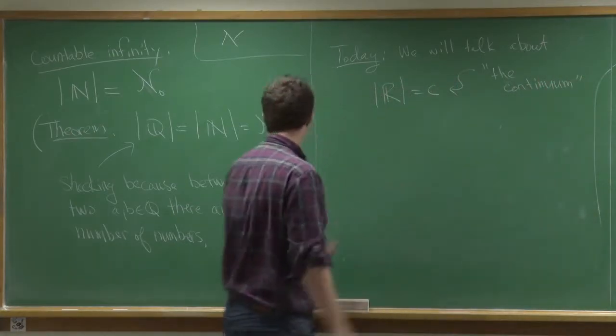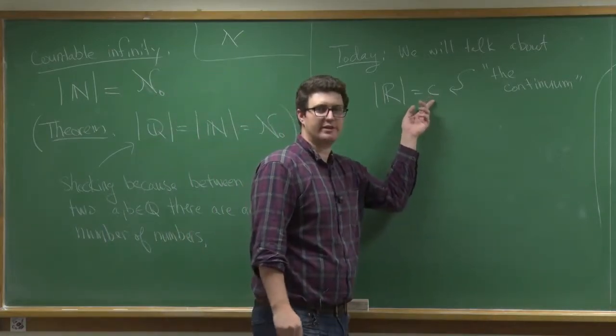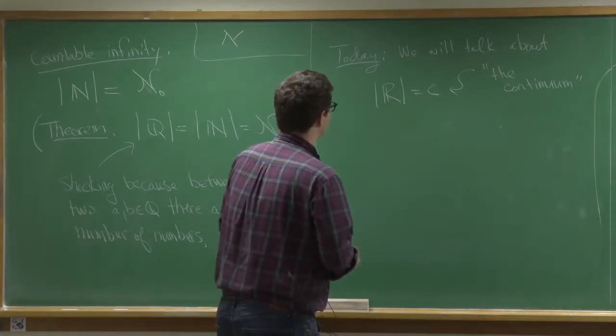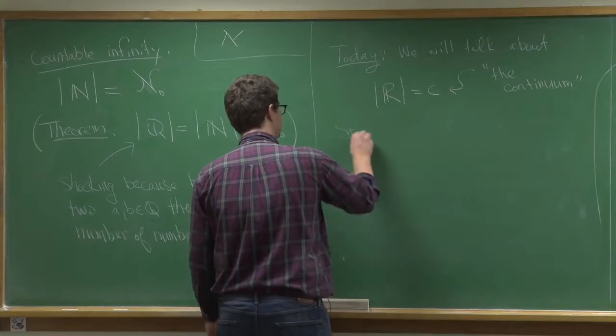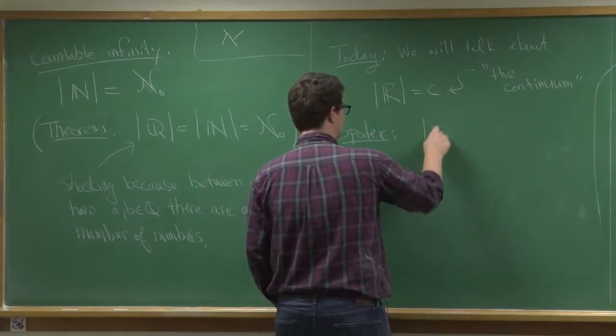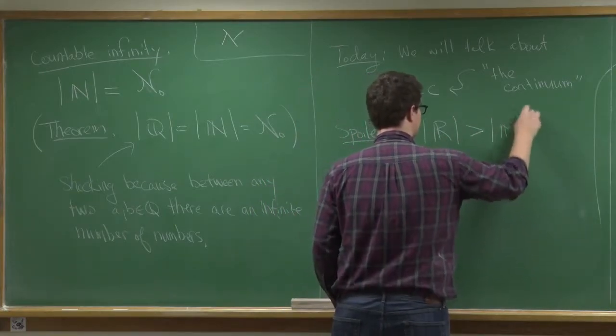Okay, so I mean, it's almost like the rational numbers are a continuum, but here we call this the continuum. This is the cardinality of the real numbers. Okay? So the spoiler is that this thing here is strictly bigger than this one.